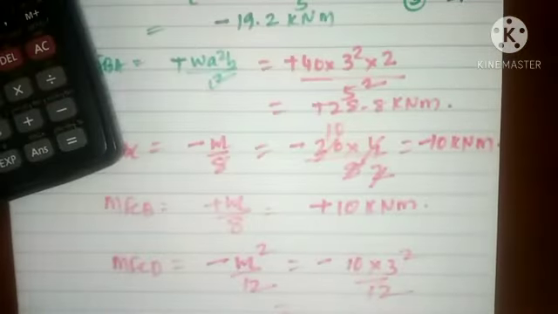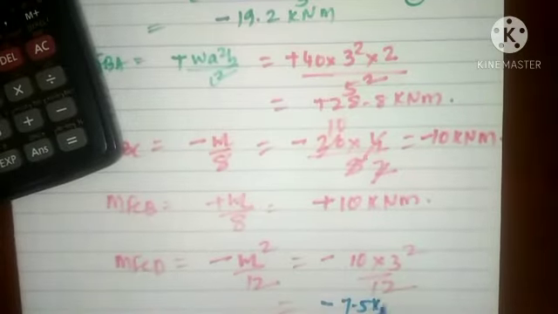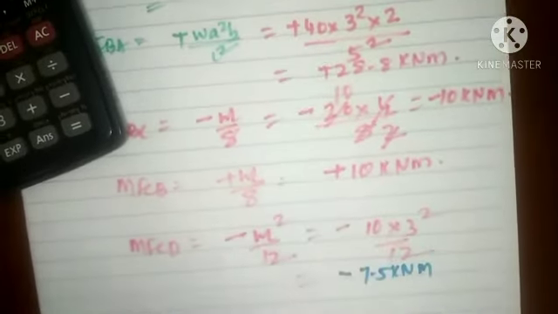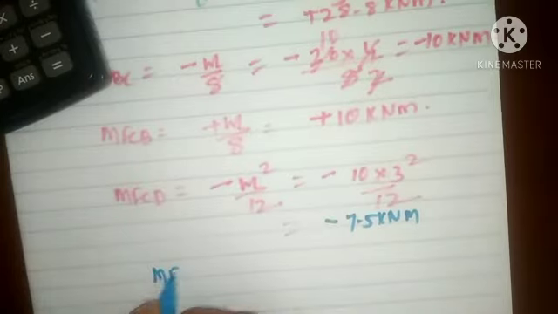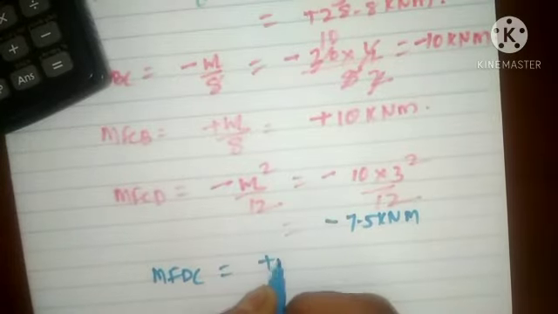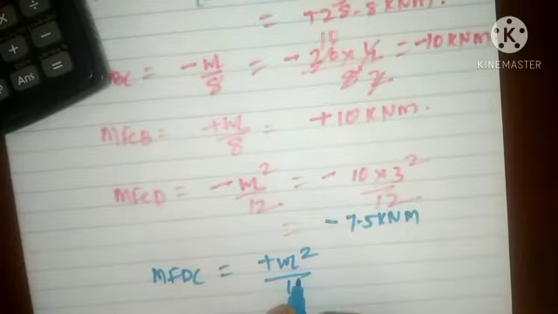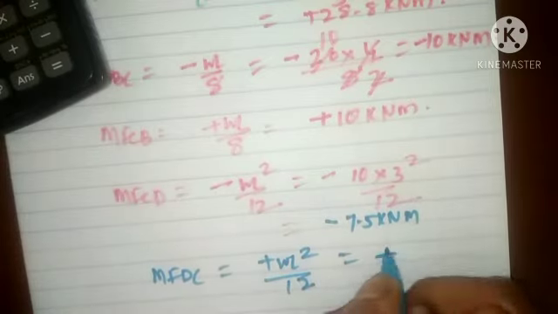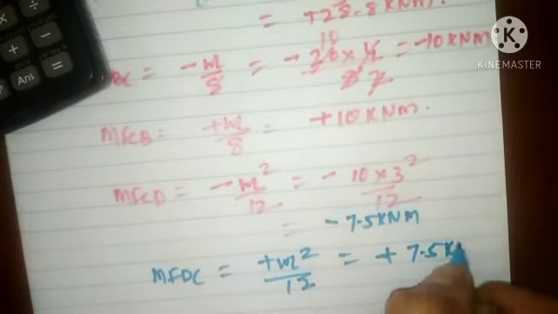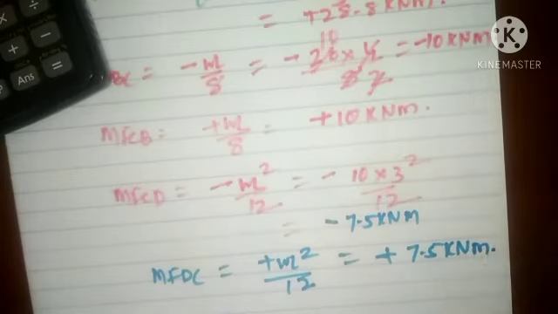So this is minus 7.5 kilonewton meter. Then the MFDC value will be plus WL square divided by 12, which will be plus 7.5 kilonewton meter.